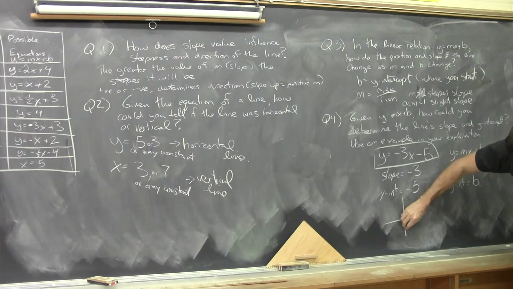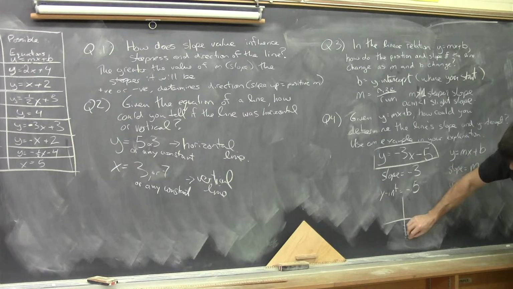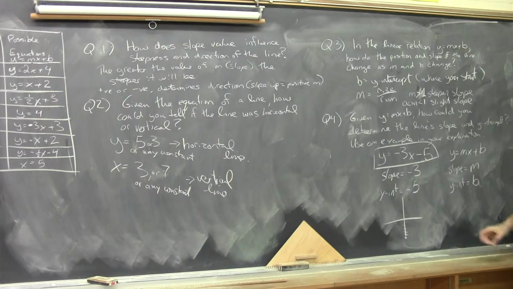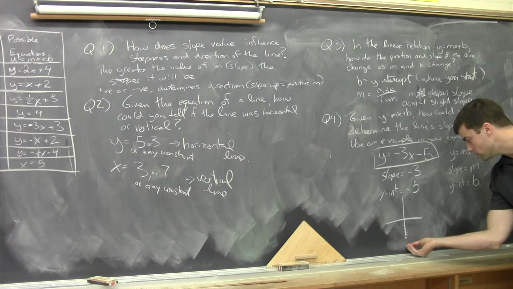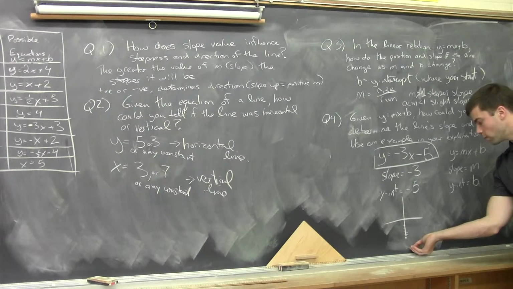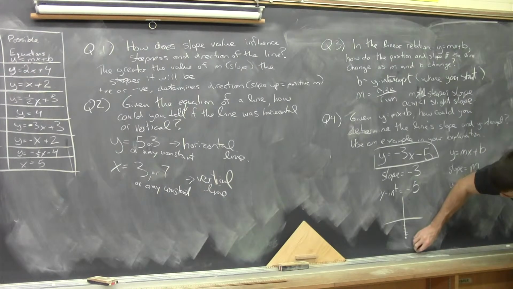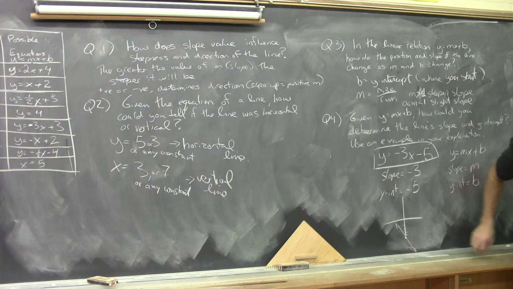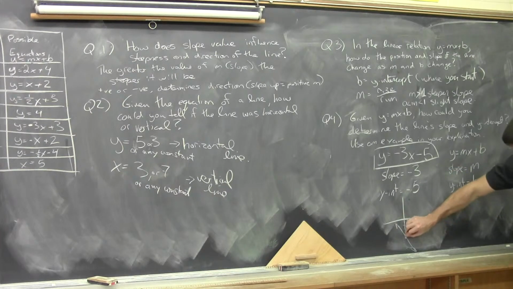So you're gonna go down 1, 2, 3, 4, 5, crossing, so that's where we start from. That's our y-intercept. Now -3, that means we're gonna go down 3, 1, 2, 3, as we run 1. So right away, you should be able to visualize a graph like that. Okay? And I can find exact values here. Exact values.